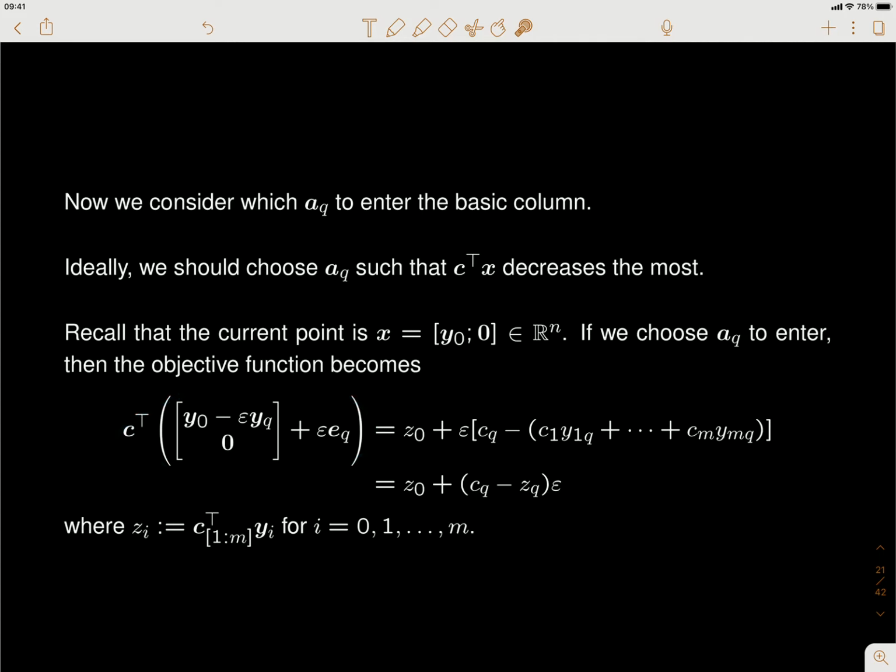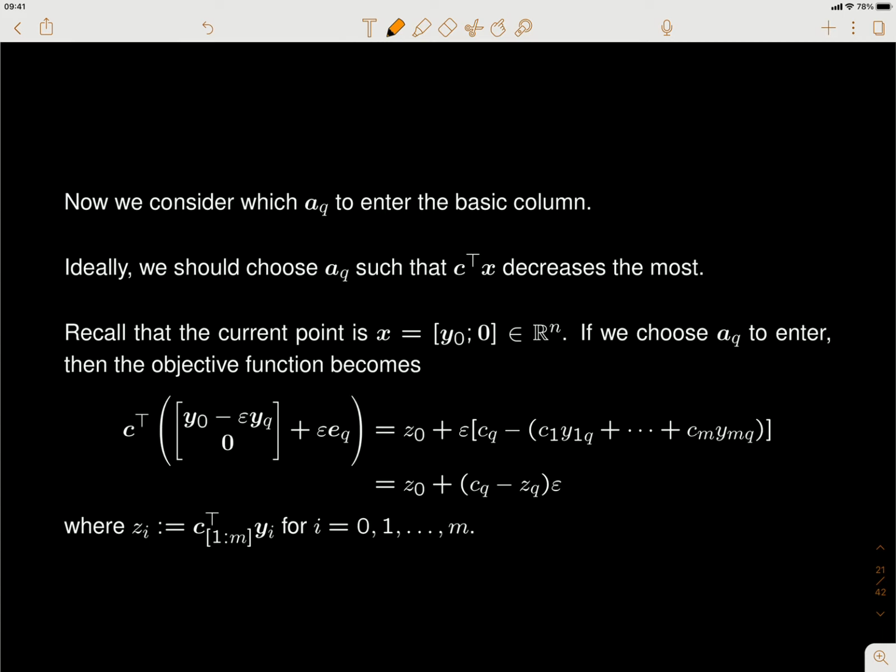Now let's just multiply them together. When I multiply this c vector and this vector, I know that only the first m components make a difference, because the rest of c will be multiplied by 0, giving me 0. So essentially, these two multiplied together is just the first m components times this.